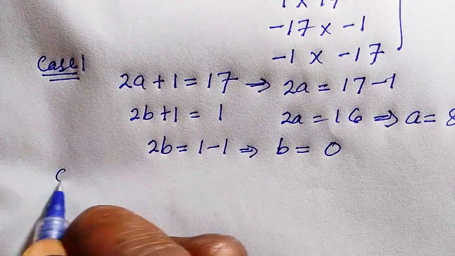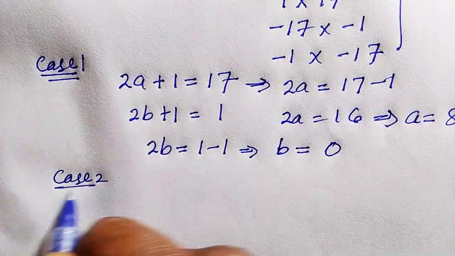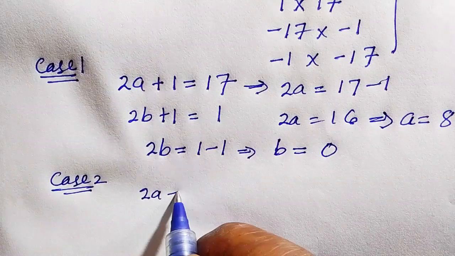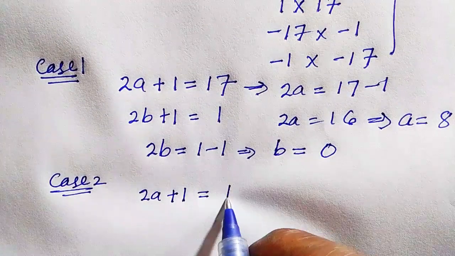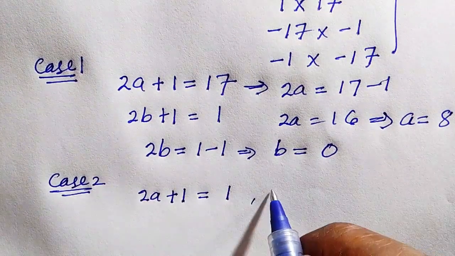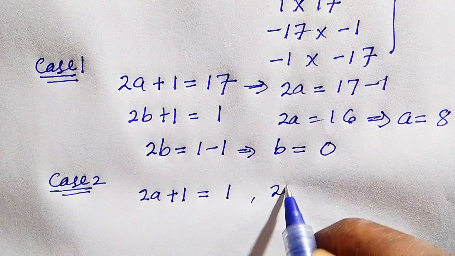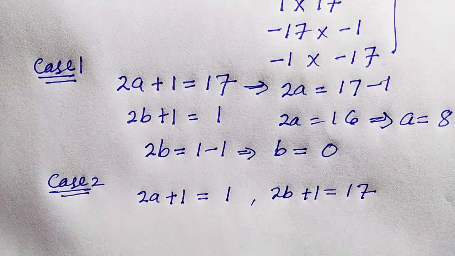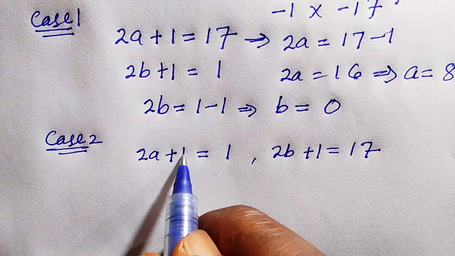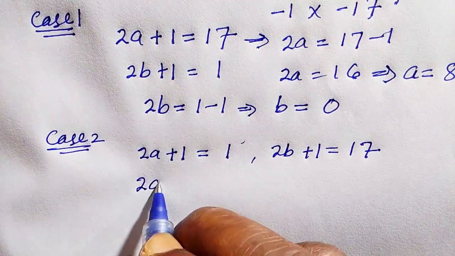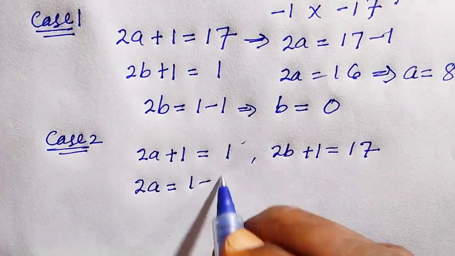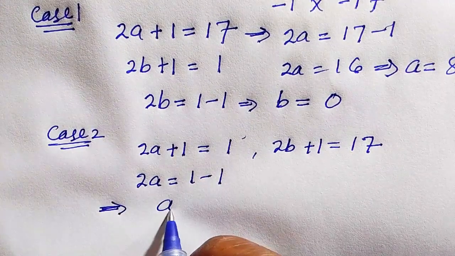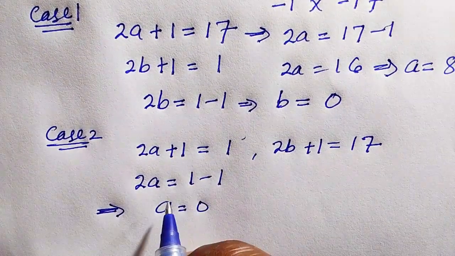So for the second case, we consider 2a plus 1 equals 1, and also 2b plus 1 equals 17. So we are going to have 2a equals 1 minus 1, and this implies that the value of a equals 0.